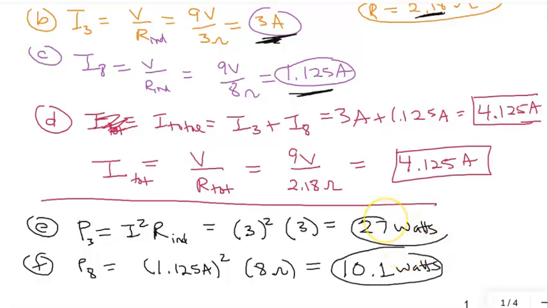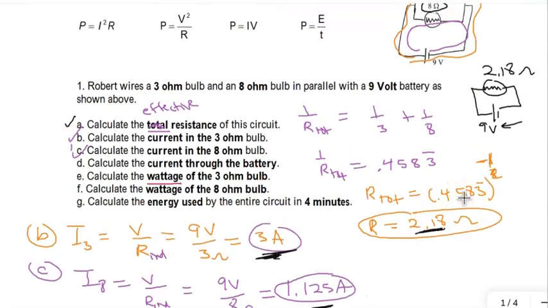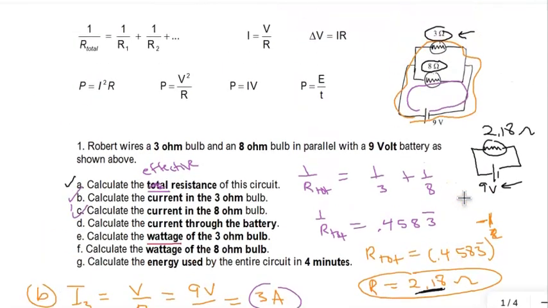Just a quick aside, if the 8 and the 3 were wired in series, they'd have the same current. So the 8 would be brighter, because with the same current squared, whoever has more resistance is going to be brighter.